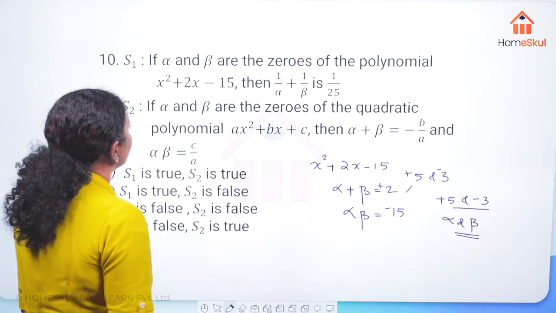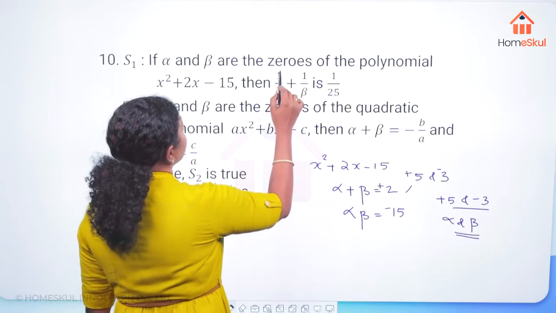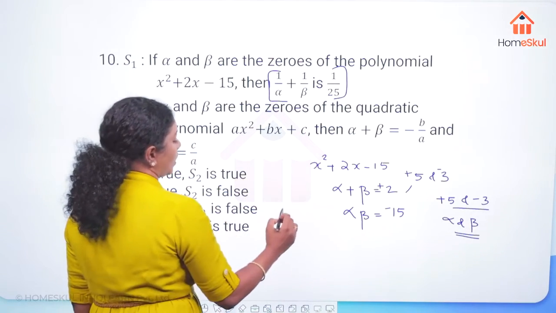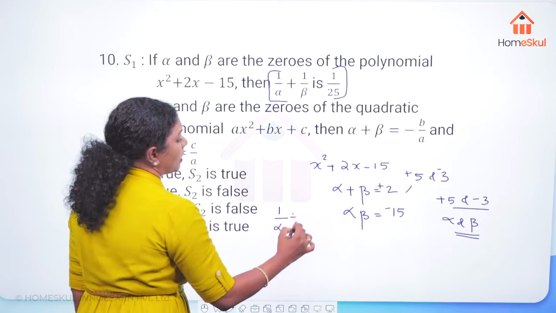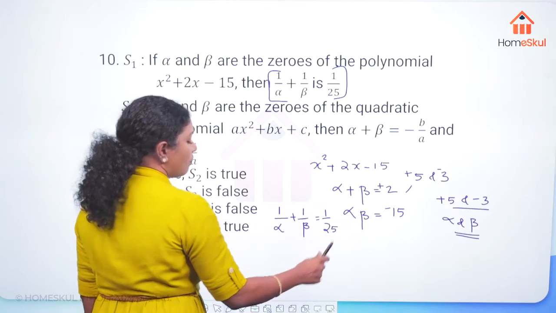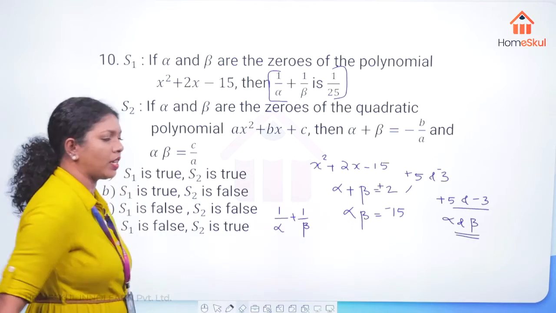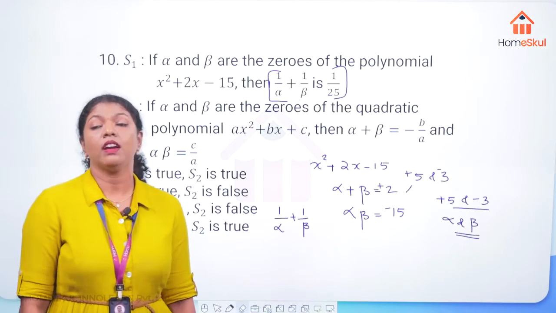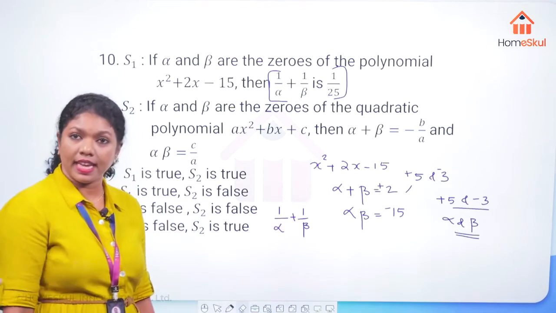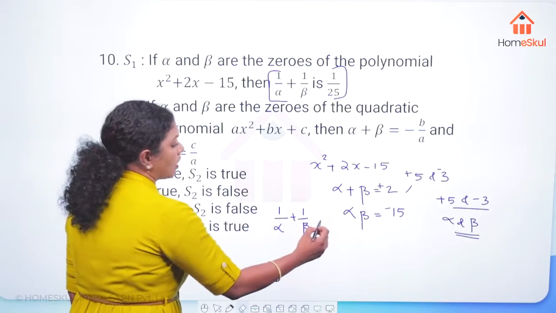What we need is 1 by alpha plus 1 by beta. We need to check whether it is equal to 1 by 25 or not. When we have 1 by alpha plus 1 by beta, take the LCM and add them.